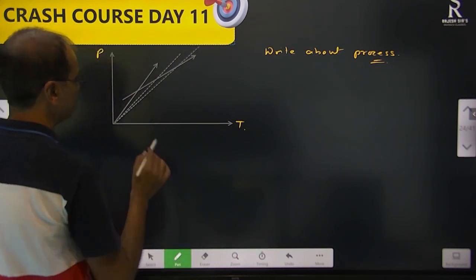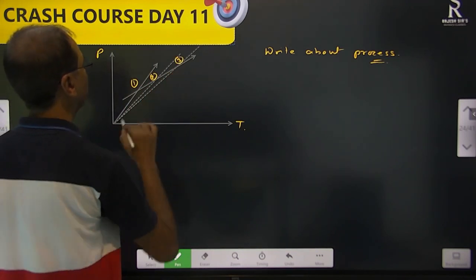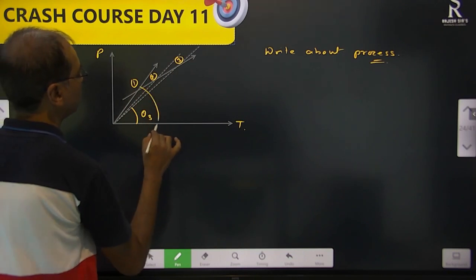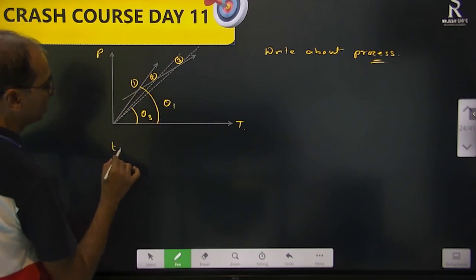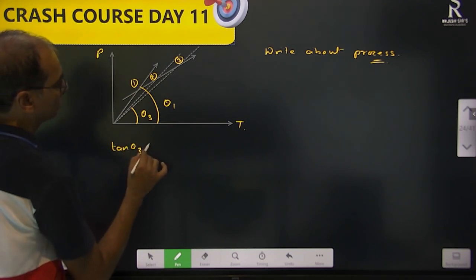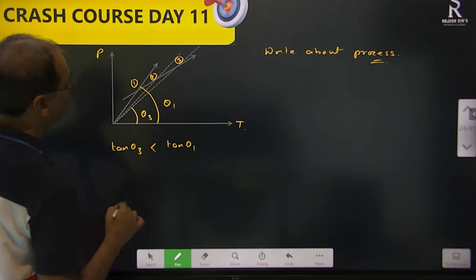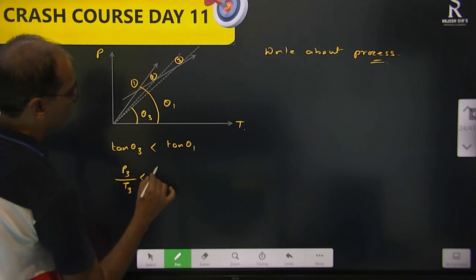Okay, 1, 2, 3. And you can see that this theta 3 is less than theta 1. And tan theta 3 is less than tan theta 1. That means P3 by T3 is less than P1 by T1.